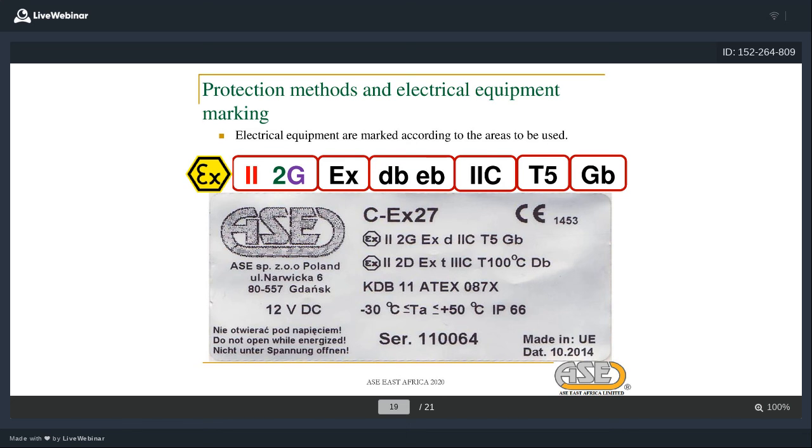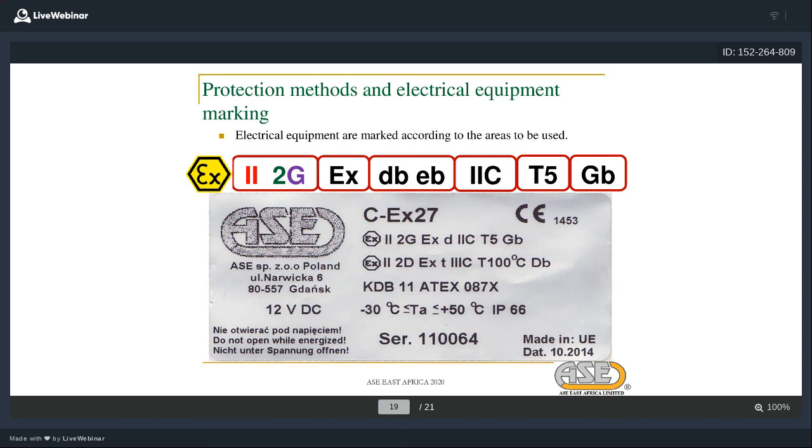And here we have the second type of label or marking. This second one tells us the equipment Ex t, the type of protection method, construction. IIIC.